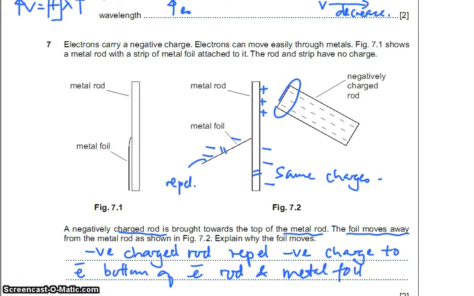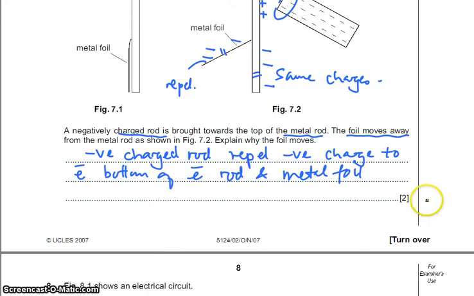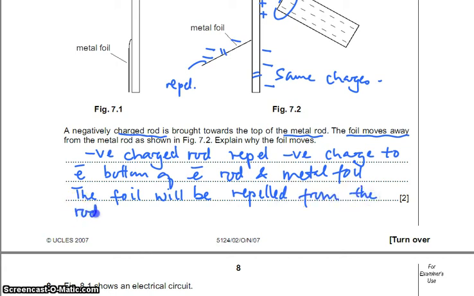So in this case, right now you got to explain. Then the foil will be repelled from the rod. And you remember we said that we must write down the reasons, the principles, the laws.